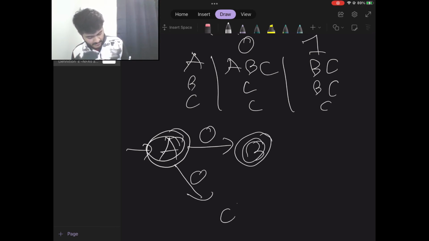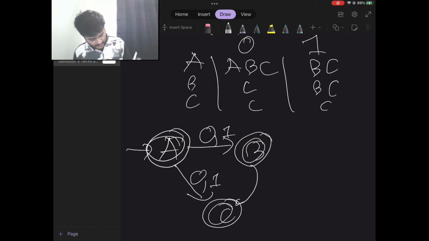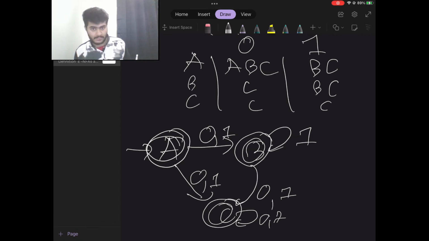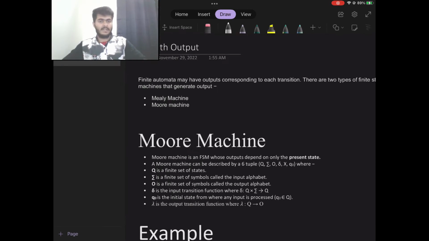So A for 0 can go to B, and A if we give 0, it will go to C. So for 1 it will go to B as well as it will go to C. So B for 0, C, and for 1 also C, and for 1 it will lead us to B. That's the conversion of epsilon NFA to NFA.